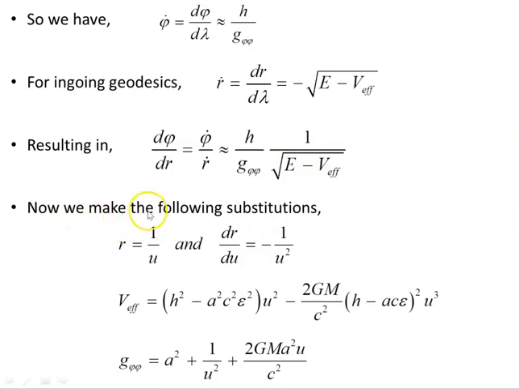Now the next step is we're going to make the following substitution. r is 1 on u. It's easy to work with and integrate with to have the u upstairs and an r down below. And we get dr du is minus 1 on u squared. So v effective in terms of u and not of r is this, as we've seen from previous videos. G phi phi, again from a previous video, takes this form here. The r's are replaced by 1 over u.